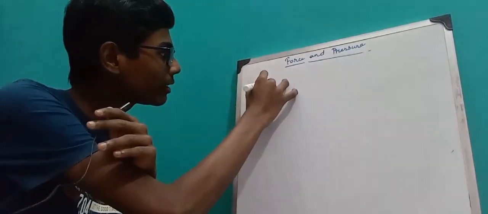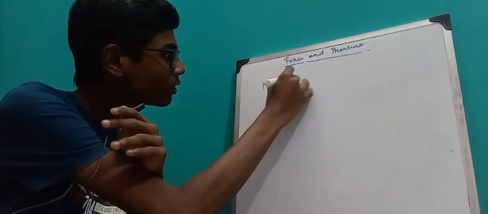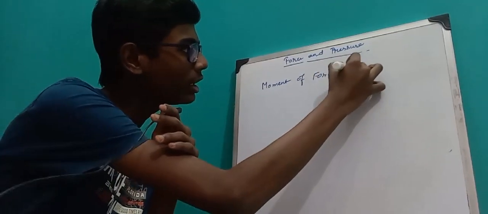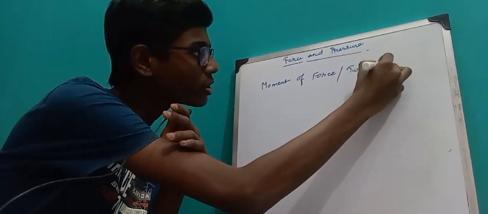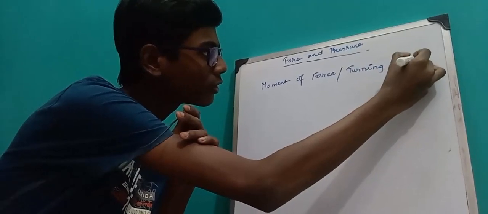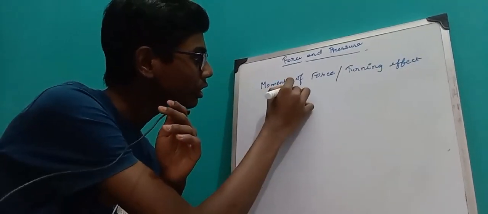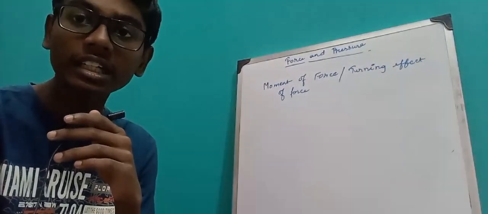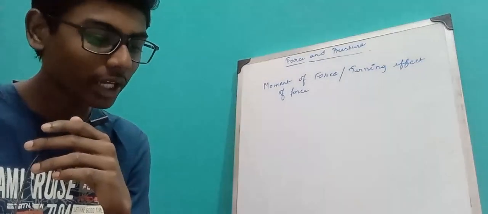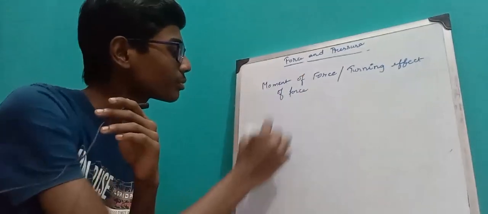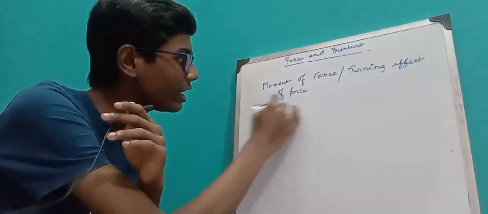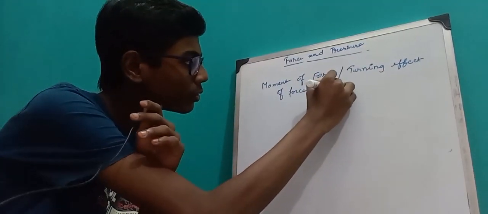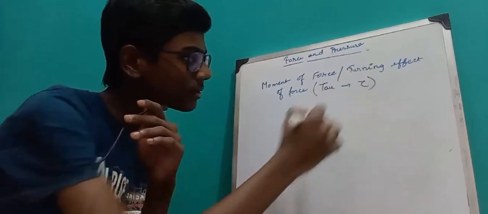This is a new topic. Moment of force is also called turning effect of force, and this is also represented by tau, which is written like this.